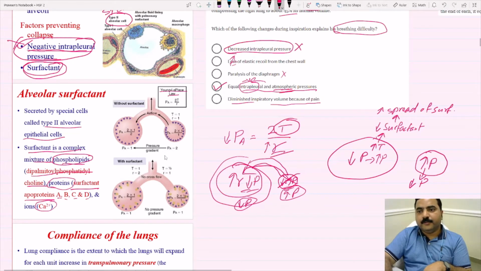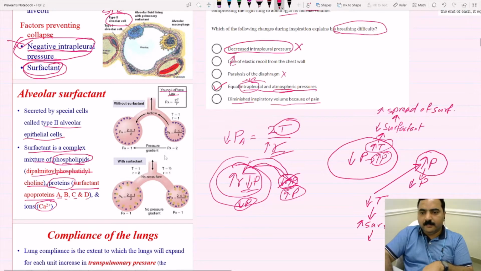If you spread it far away, what will happen? There will be a decrease in surfactant, an increase in tension, and an increase in pressure. But in this alveolus, you want to convert the increased pressure to decreased pressure. In order to decrease the pressure, we want to decrease the tension. In order to decrease the tension, you want to increase the surfactant.